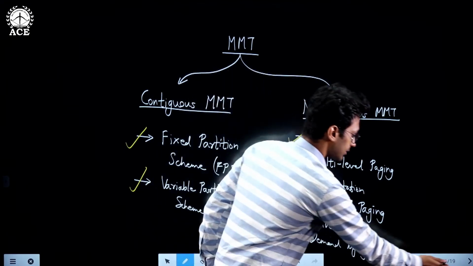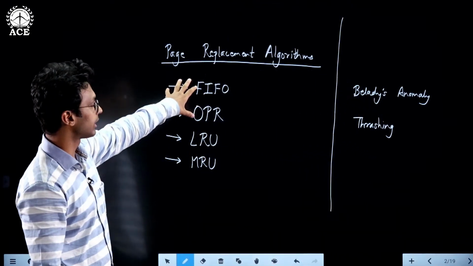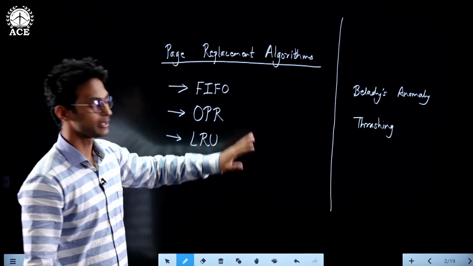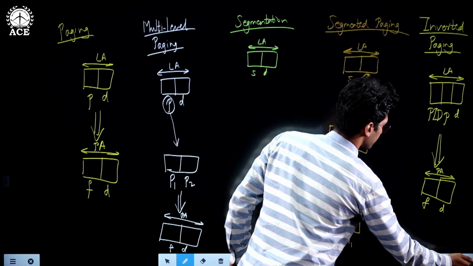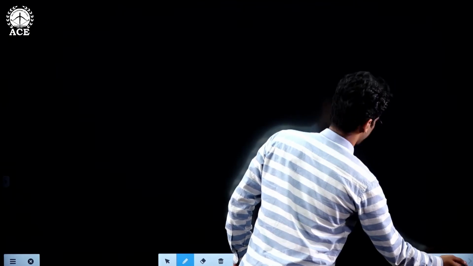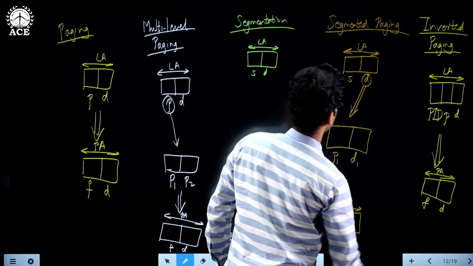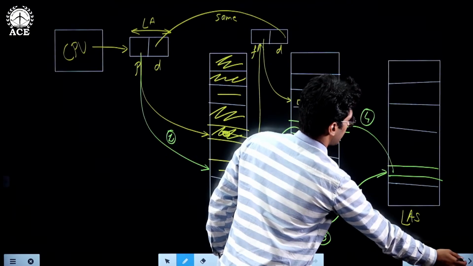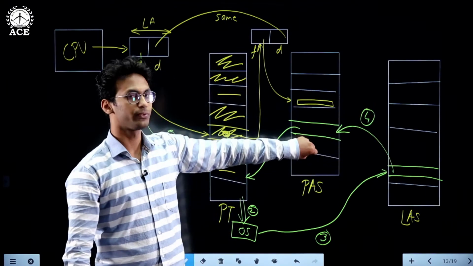In this live class, now we need to see the concept of page replacement algorithm, where it comes into the picture. We brought that page from logical address space to physical address space.